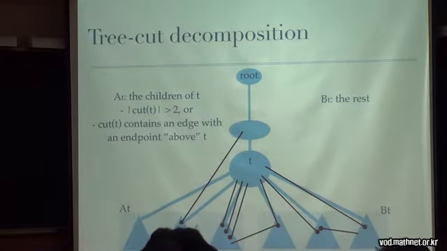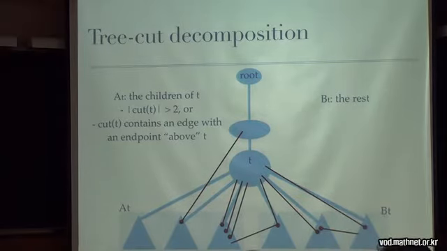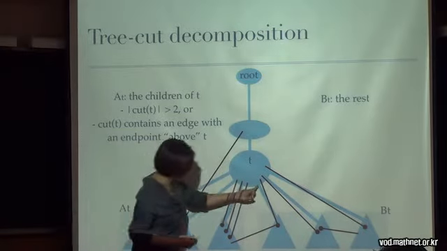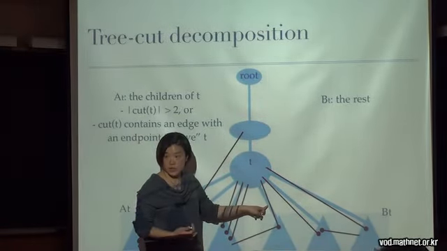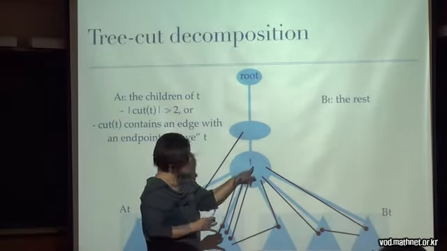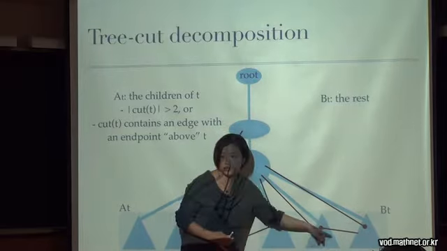But the number of children at BT can be arbitrarily large because the cut size that's counted along this edge is at most 2, and they don't affect the size of torso at T. So you can have 1 million children here.